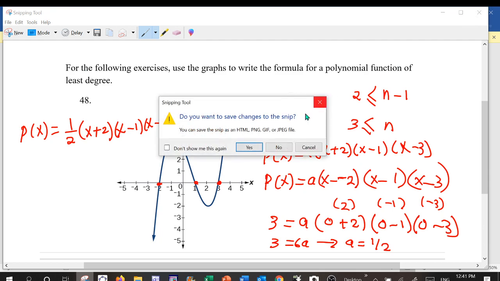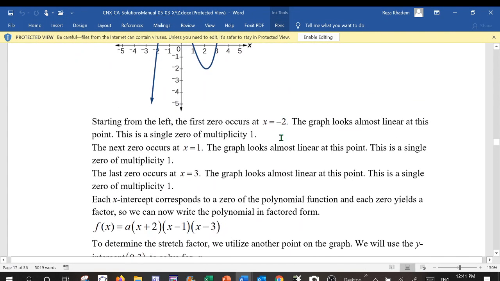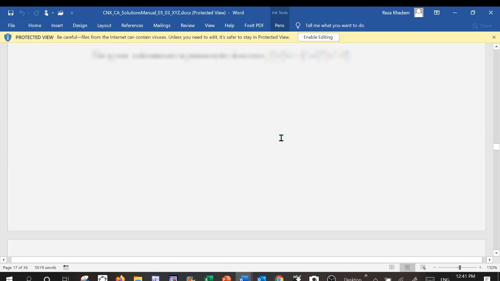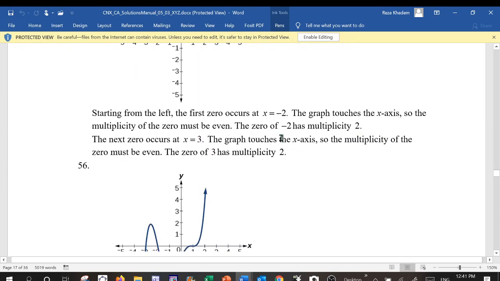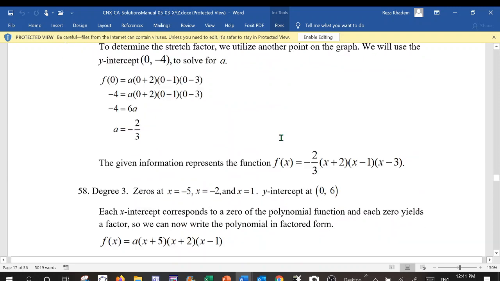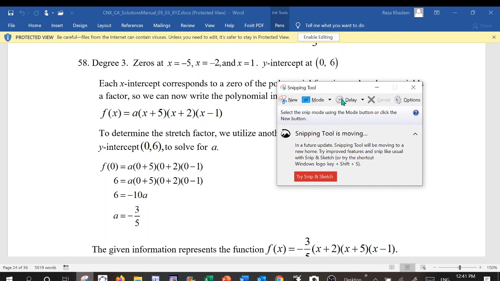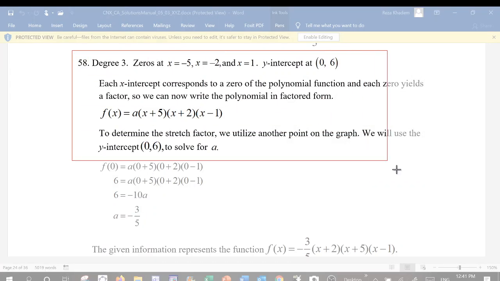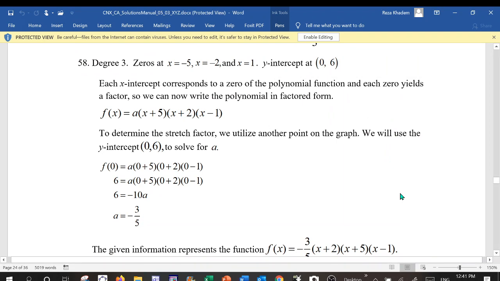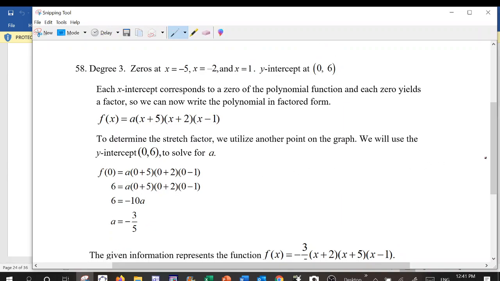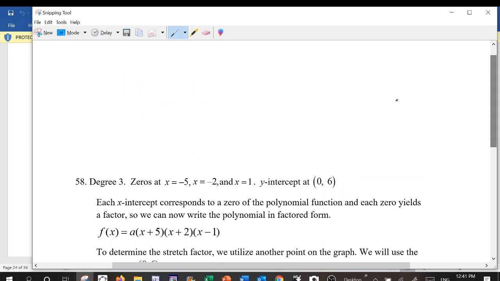All right. Now, let's do one more, and this is going to be quick. Number 58 says find an equation for a polynomial of degree 3 with given zeros, and the y-intercept is (0, 6). So it's exactly the same thing we just did, except instead of getting the information from the graph, the information is explicitly given.